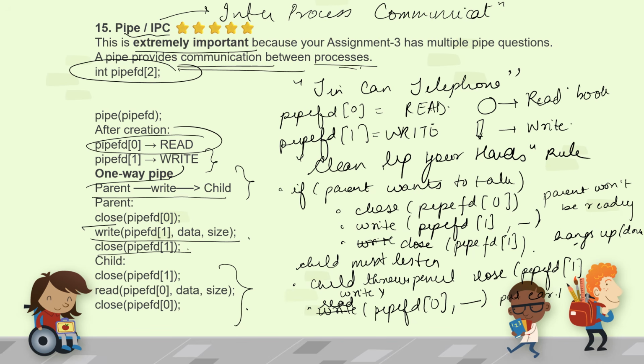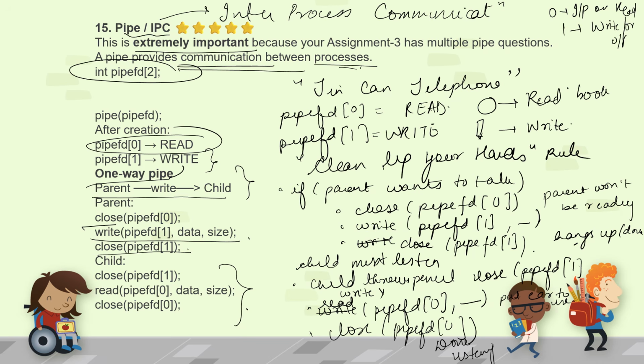And last, the child hangs up the phone: it's done listening, so it closes pipe FD of 0. So basically, 0 stands for input or read, and 1 stands for output or write. This is your shortcut, or how you can understand what is happening here.